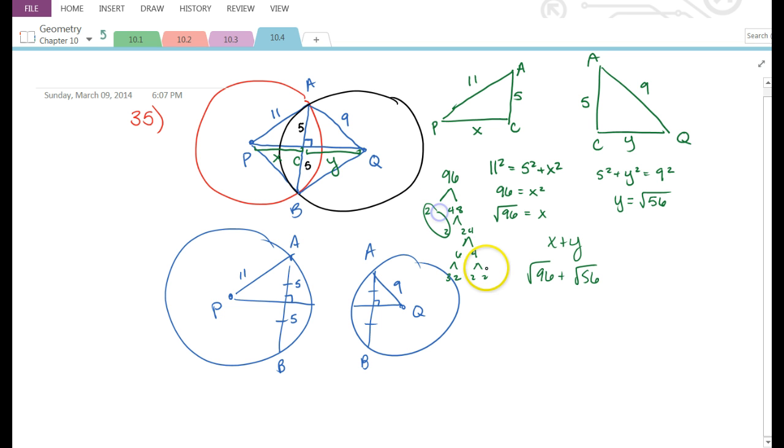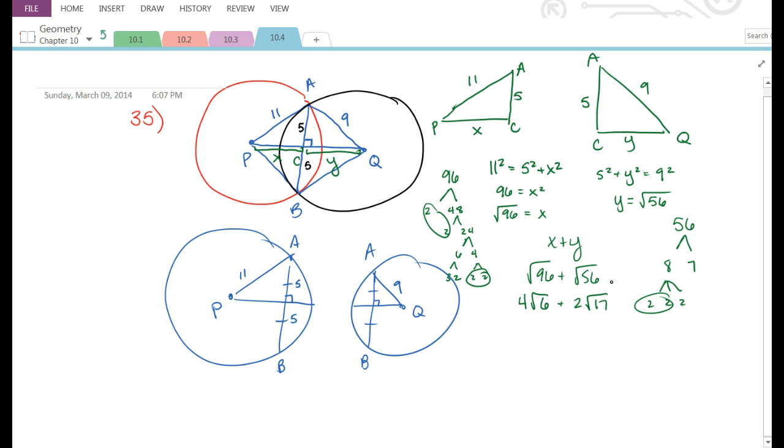So I've got a pair of 2s, a pair of 2s. So that's 4 square root of 6. When I look at 56, I have 8 times 7, 2 times 2 times 2. So plus 2 square root of 14.